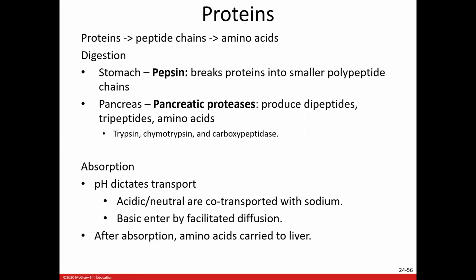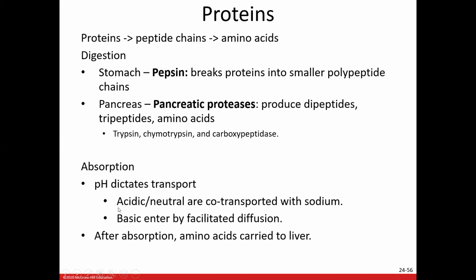For absorption of proteins, how it's going to be absorbed is going to be based on the pH, so the acidity level of the actual amino acid or peptide chain length. And the pH is going to be based on the charge of the amino acid. You don't have to specifically worry about that, but just know that pH is going to dictate the transport.